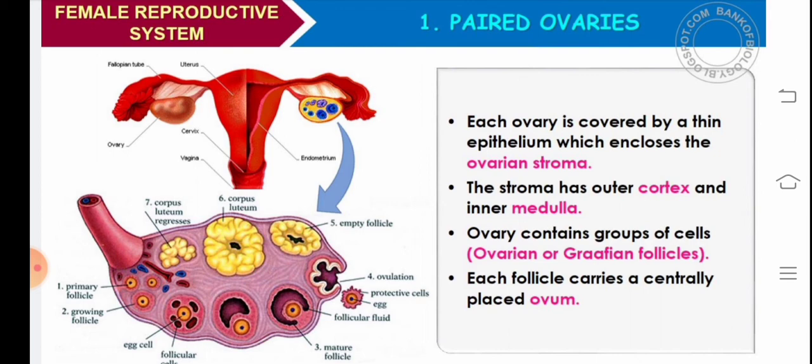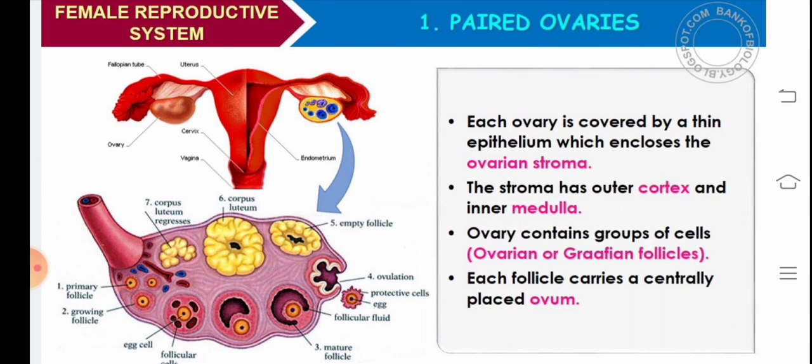The Graafian follicle is a mature follicle. Before that, there are immature follicles called primary follicle, secondary follicle, and tertiary follicle. Then it matures to form the Graafian follicle, and each follicle carries an ovum. So this is the overall structure of the ovary.